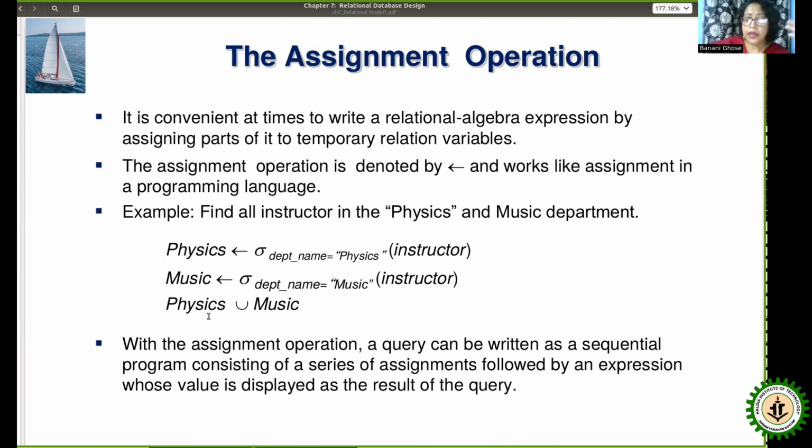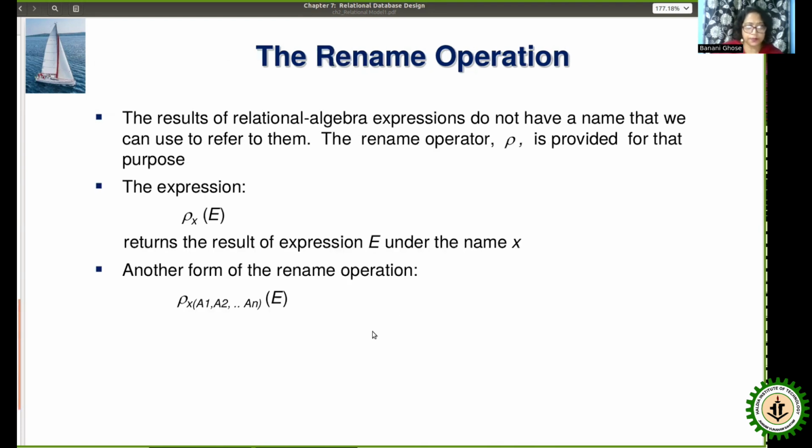Now ultimately, to get the entire result, you do physics union music. So here is the assignment operator, in which the left-headed arrow is used to create temporary tables.